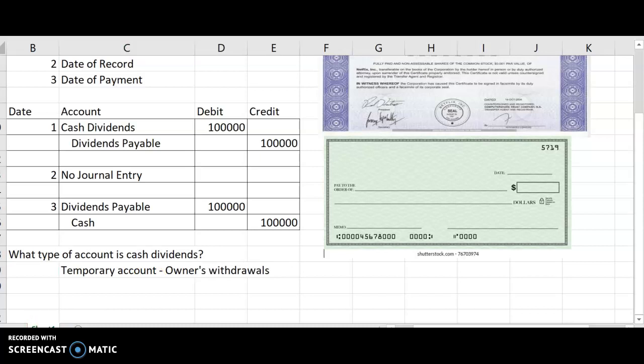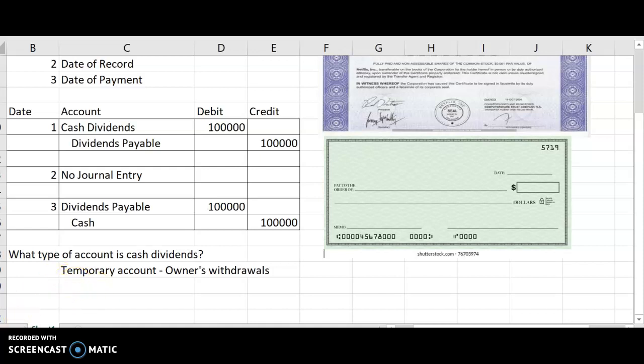And the reason is because it is a distribution of earnings to the owners. The only difference here is the corporation has to decide to declare a dividend. The owners cannot choose to take a dividend on their own. But it is the same as owner's withdrawals.